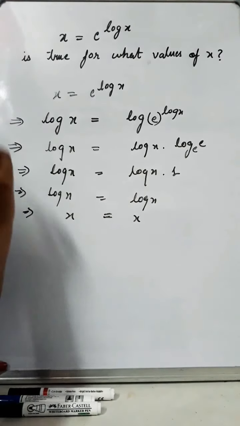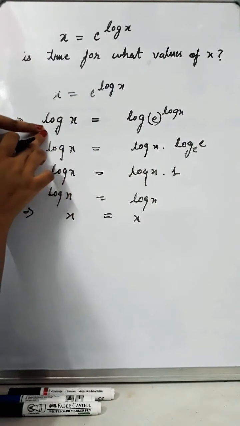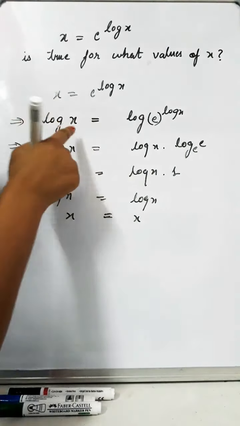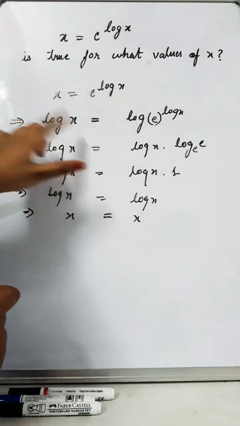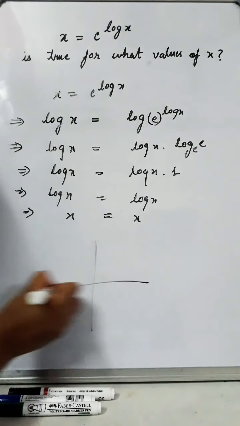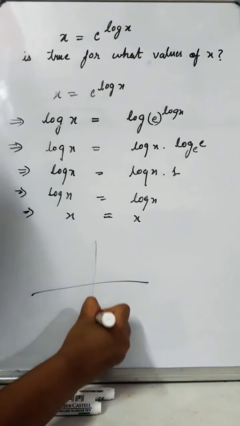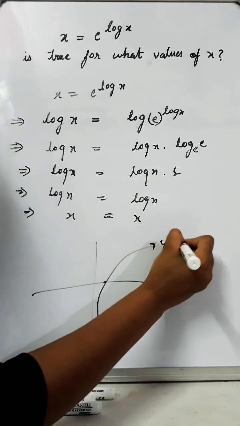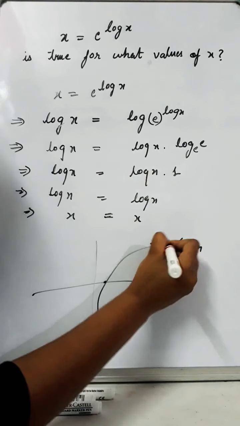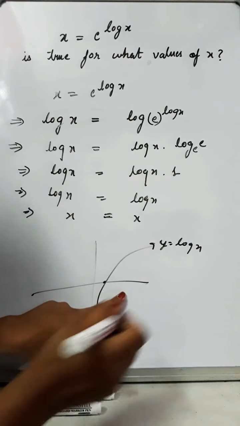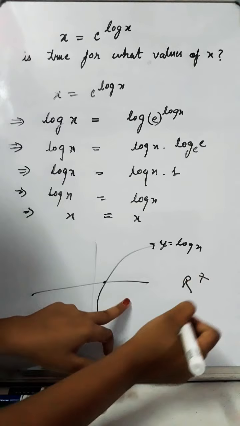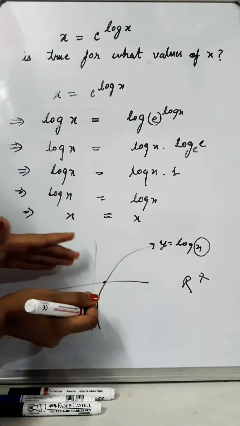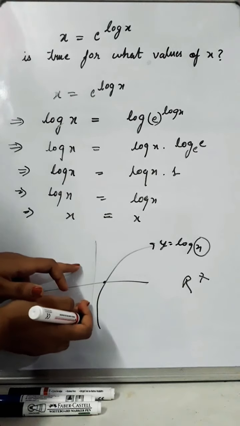So you see one thing: the moment we apply log on both the sides, we constrain our x here, because if we talk about the log function, the graph goes like this. Y is equal to log x, and you know the domain of the log function is R plus. That means x cannot be negative or even 0.